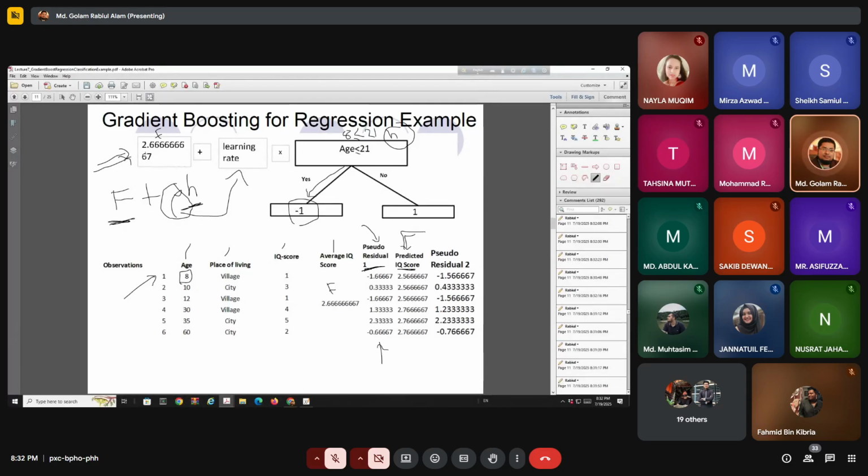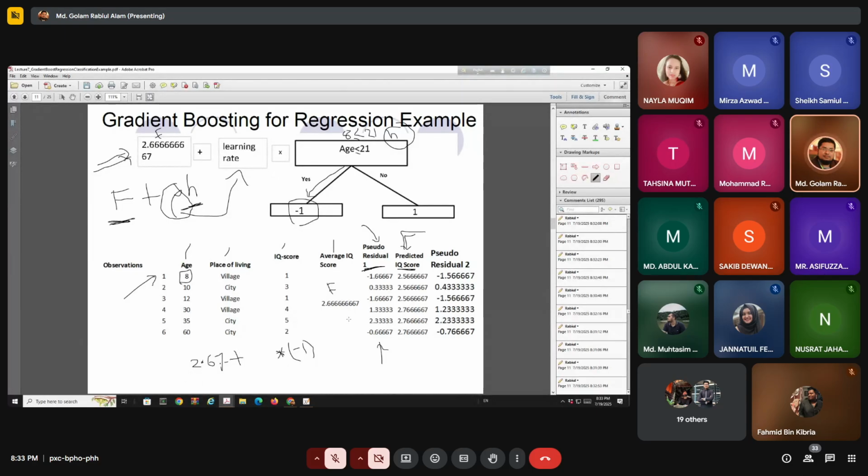So in that case, it will be 2.67 plus the learning rate times -1, so 2.67 minus 1.